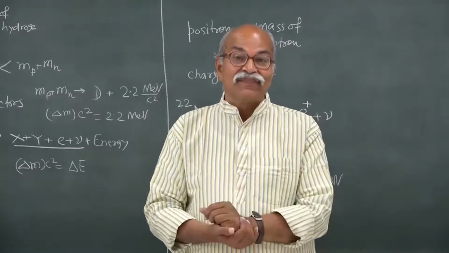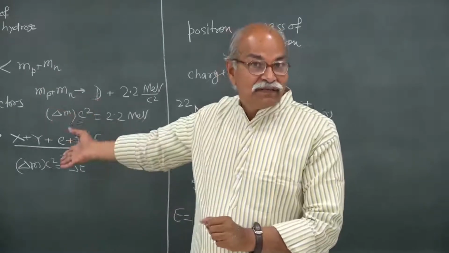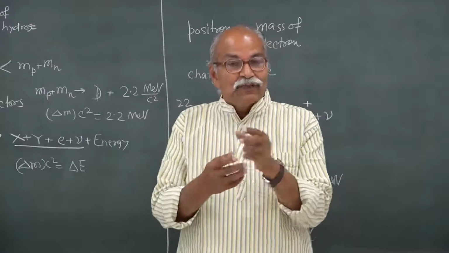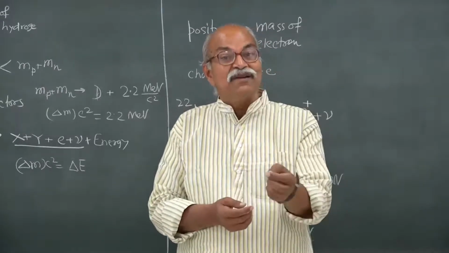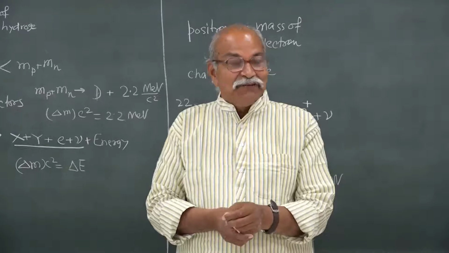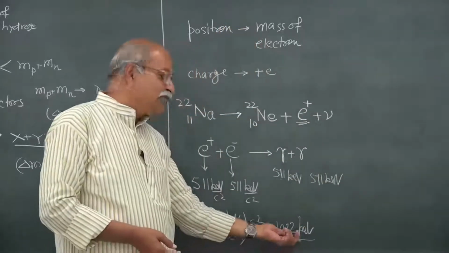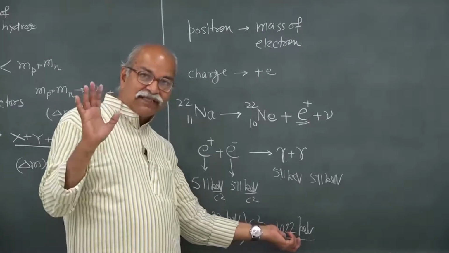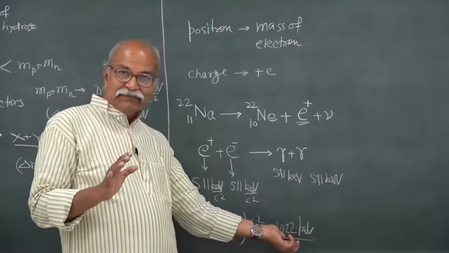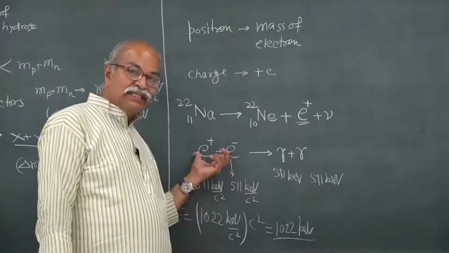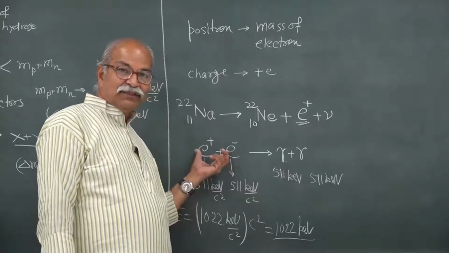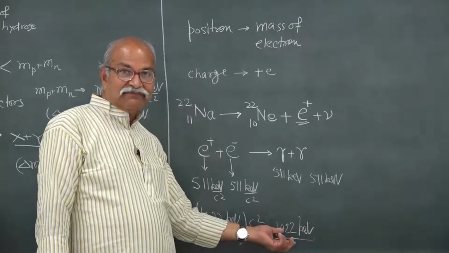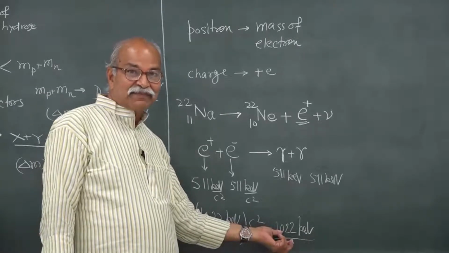0. But we will talk in upcoming lectures that a photon also has momentum, energy and momentum. So, if this 1022 keV photon is to be created, and a photon will always have some energy and some momentum, but we need 0 momentum because the initial momentum is 0. So, you cannot have just one photon to have this energy and 0 momentum, that is not possible.